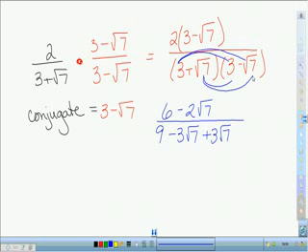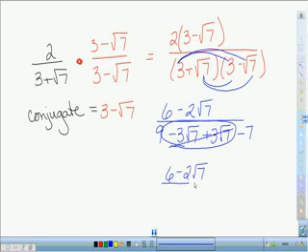And the square root of 7 times negative square root of 7 is negative square root of 49, which is negative 7. And this is what you were looking for to happen. A negative 3 square root of 7 plus 3 square root of 7 is going to cancel. So in the numerator, we have 6 minus 2 square root of 7 divided by 9 minus 7, 2.